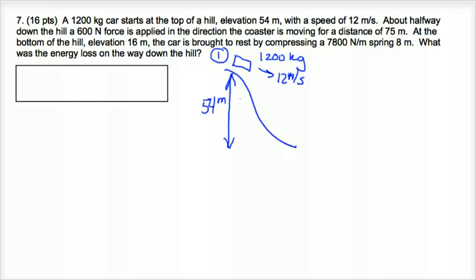So what we're saying here is, for 75 meters, as this thing's moving forward, we're applying a force of 600 newtons. So that's some sort of engine or something kicking in and making it go faster.